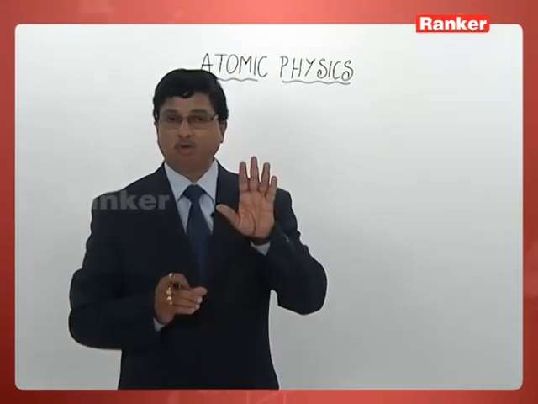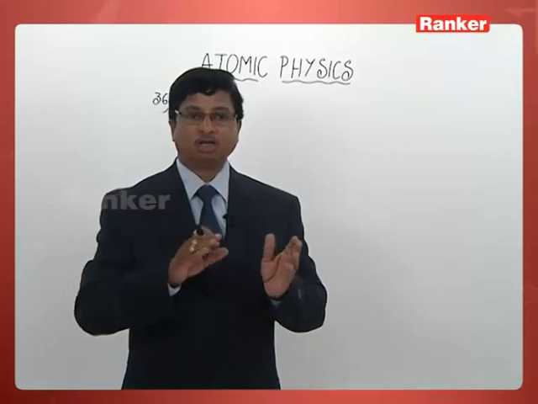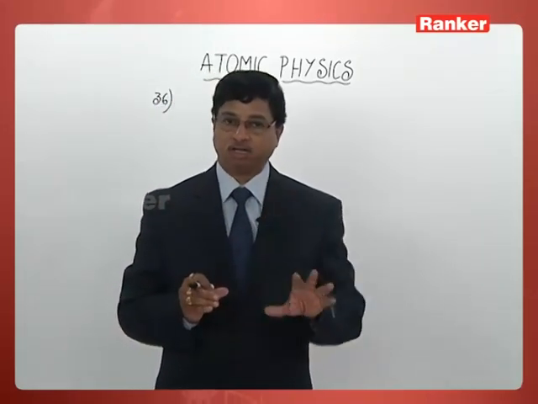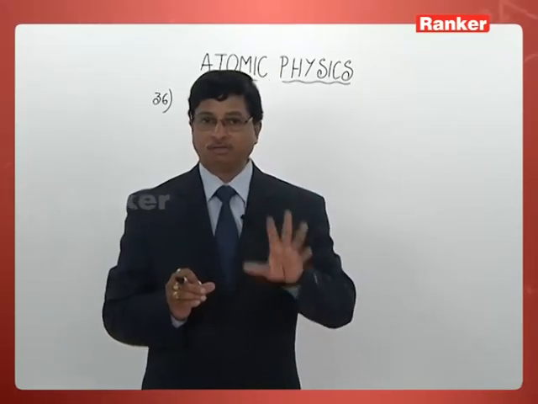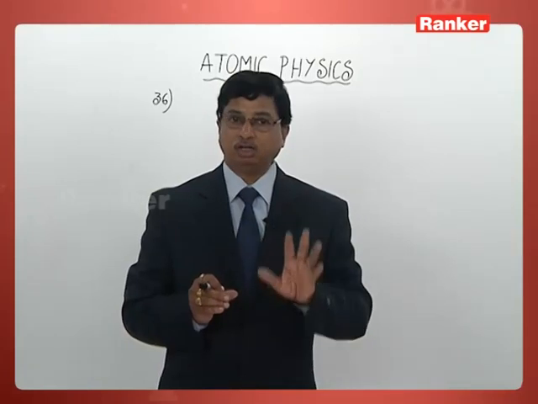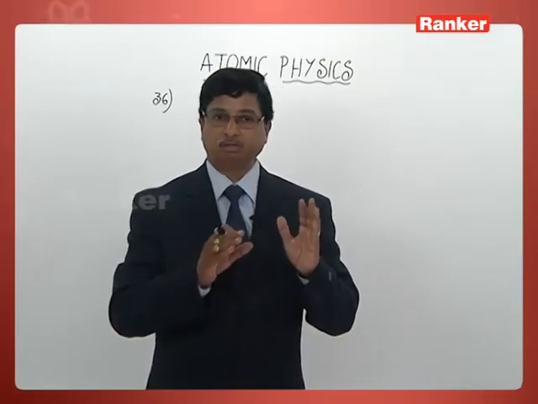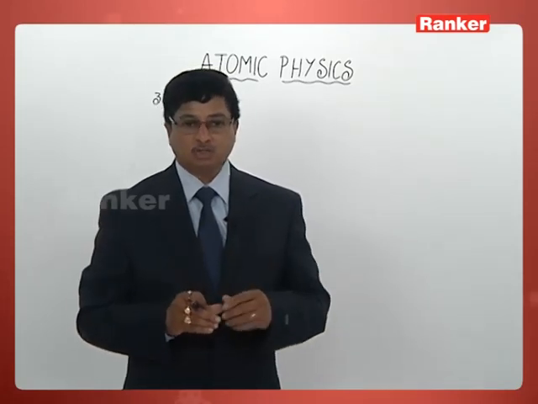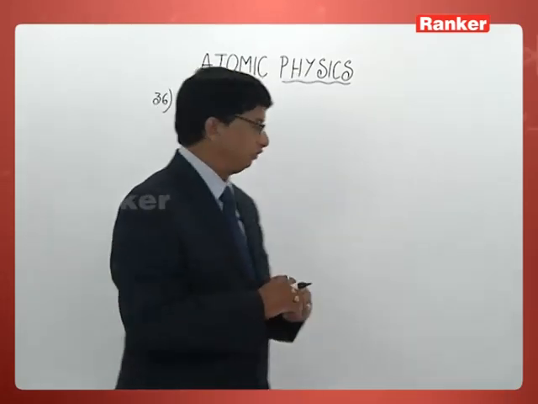So what are those four particles and what are the corresponding values he has given? Let me first of all write them, then you can all understand directly what are the correct values to be remembered for each particle given in the first column. So let me write those particles first.